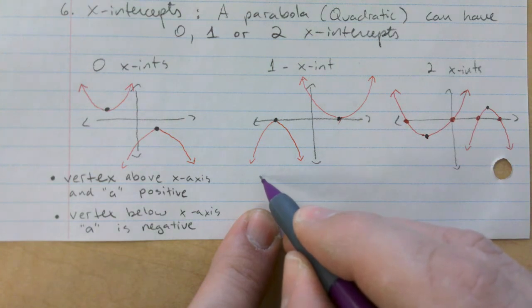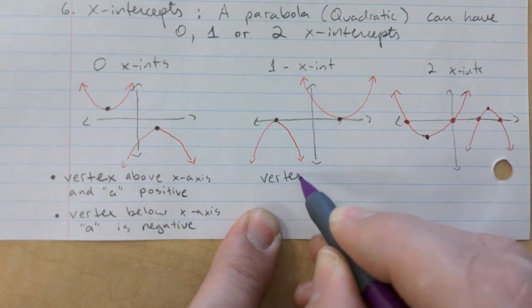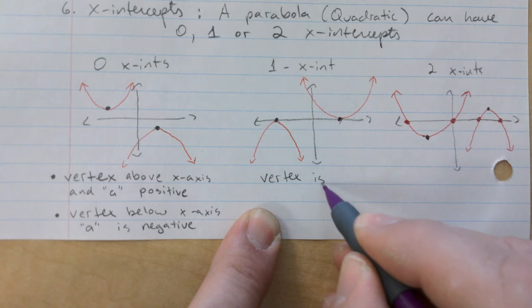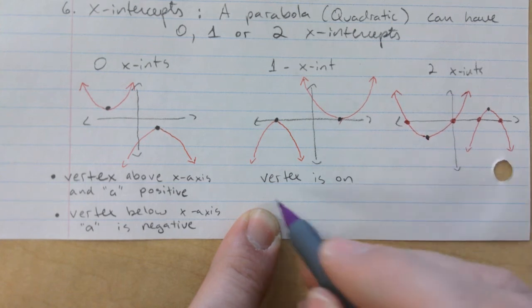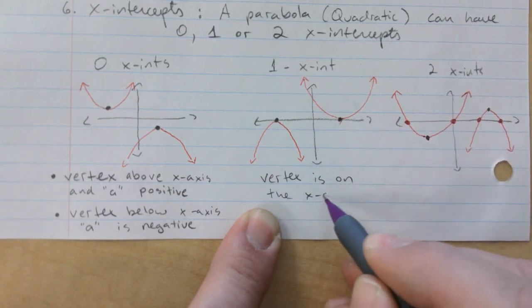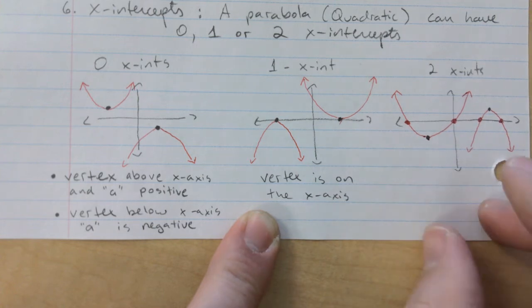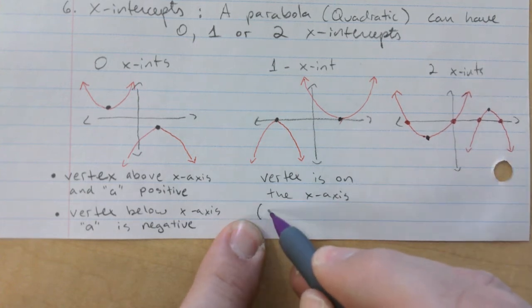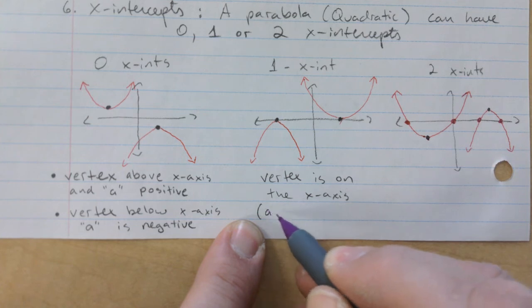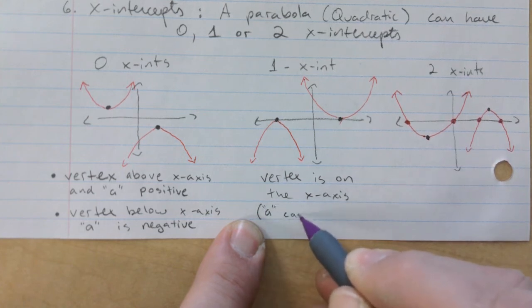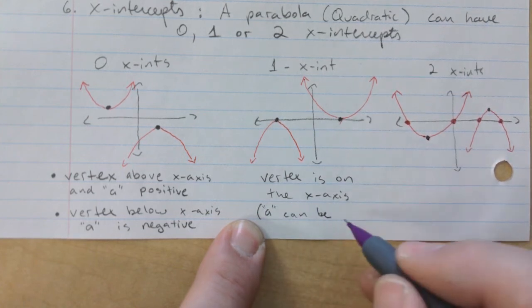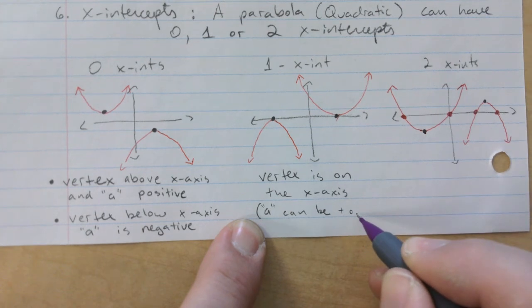Second scenario is less work. Vertex is on the x-axis. A can be positive or negative.